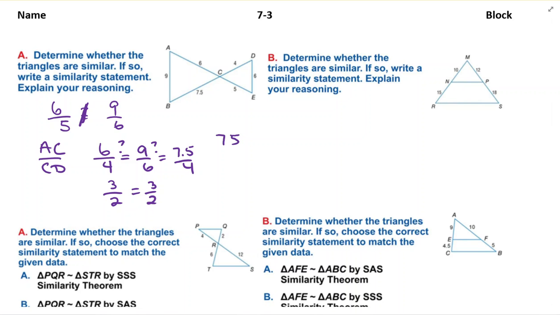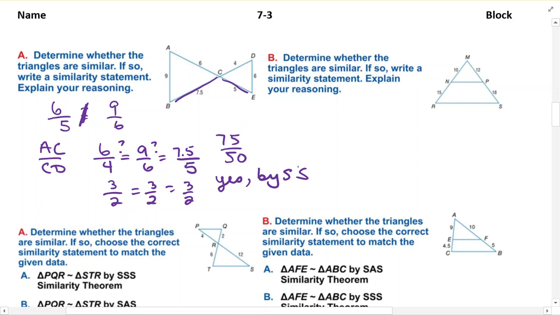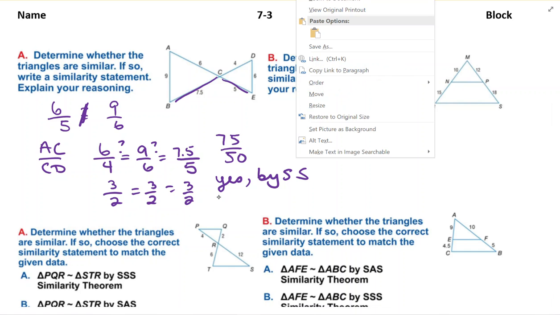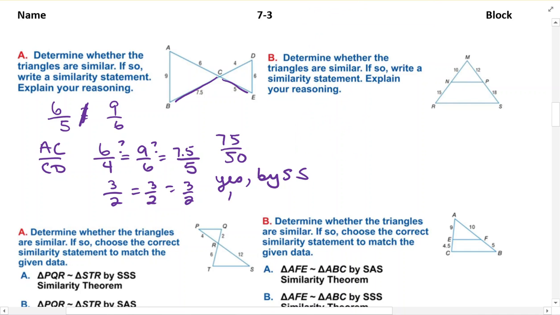Excuse me, it's not going to be 7.5 over 4, I messed this one up, it's 7.5 over 5. So this one over this one. That's 75 over 50, and that does definitely reduce to 3 over 2. So this will be yes, by side, side, side, and it would be triangle ACB is similar to triangle DCE.